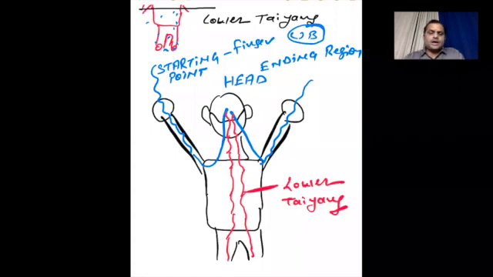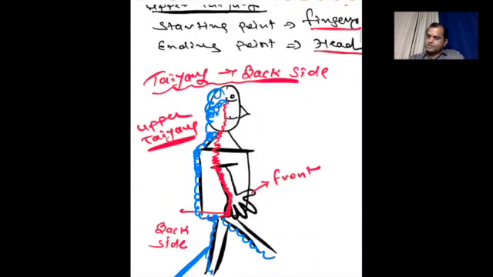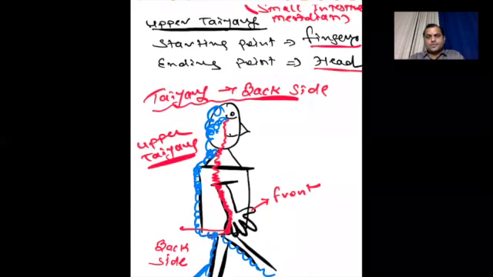So lower Tai Yang starts from the head region, going down, down, down, supplying the whole body. So if I ask you to tell me the starting point of the lower Tai Yang, then you can tell face. Let's see this image.